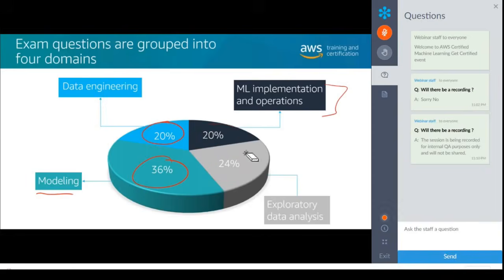It's not going to make or break your exam necessarily, but you do need to know what S3 is. And you do need to know that you can encrypt data, for instance, in S3, things like that, right? Because, like I said, we're working with data, and a lot of times data is sensitive, right? It's going to be data that needs to be kept private, right?